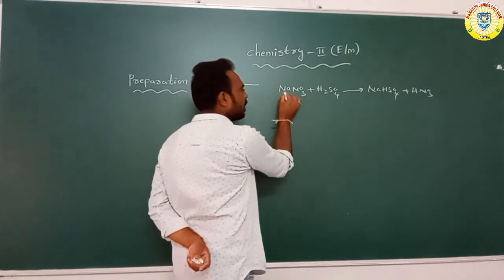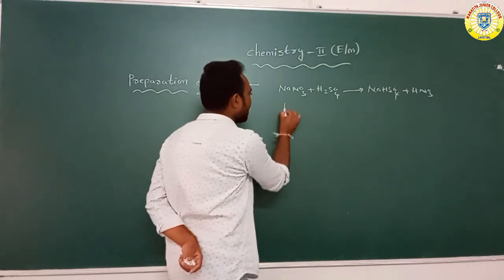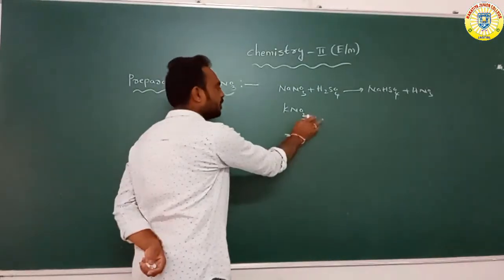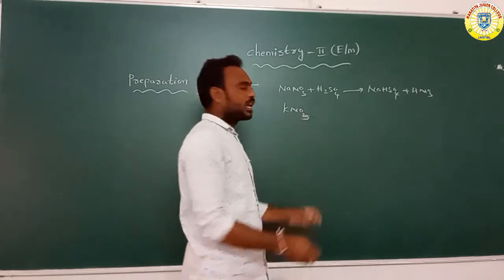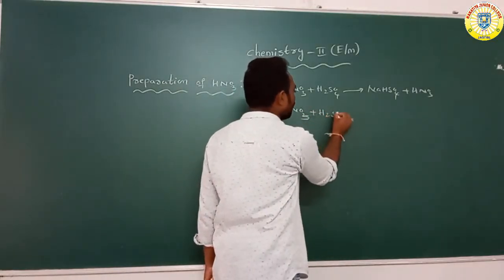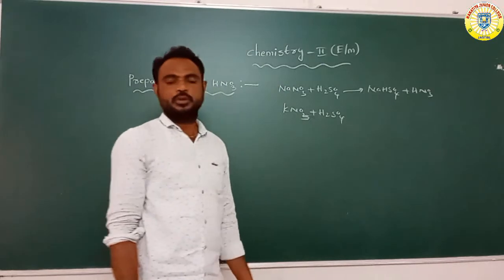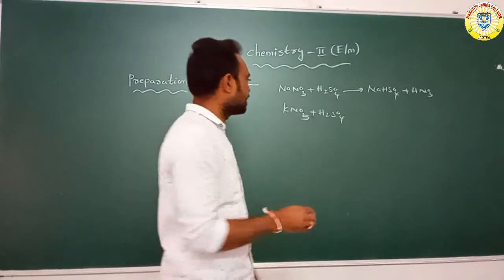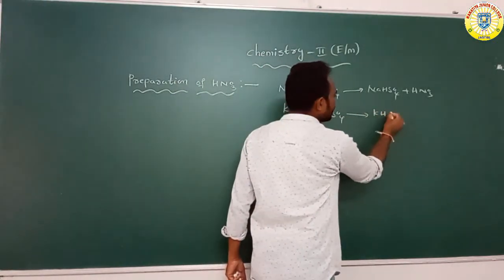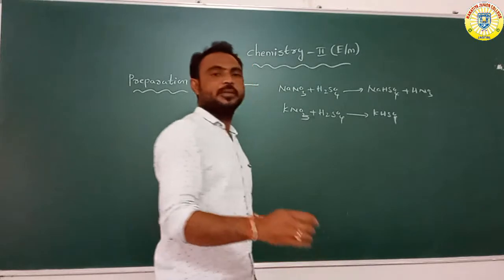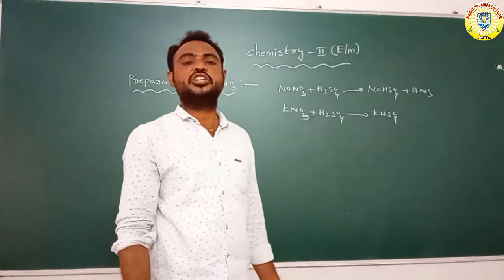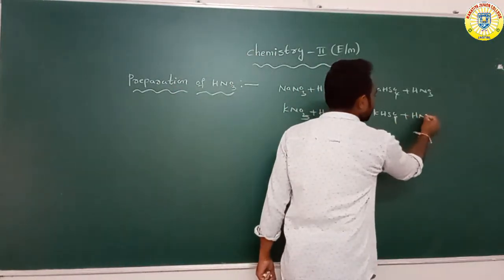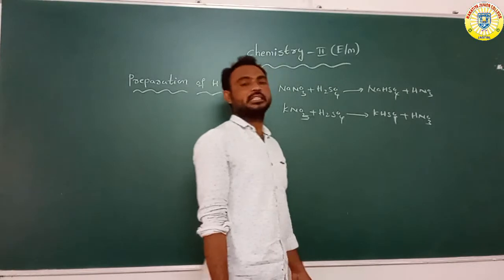Suppose next, in place of sodium nitrate we take KNO3, potassium nitrate. When this potassium nitrate reacts with H2SO4, sulfuric acid, it forms KHSO4, potassium hydrogen sulfate or potassium bisulfate, and at the same time HNO3, nitric acid.